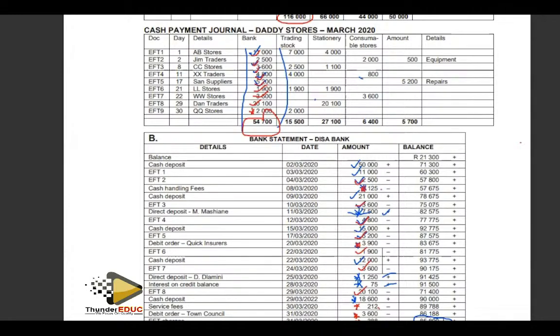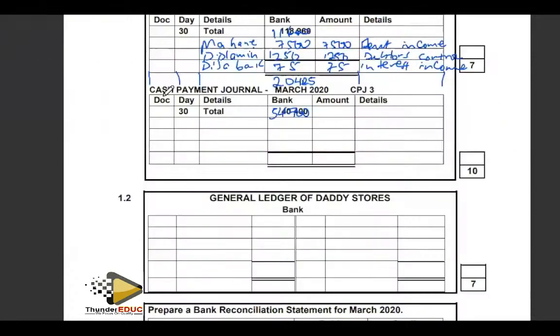So we are going to come here. Which bank is that? That is Disa Bank. Disa Bank removed the money from our account, okay? So we are going to say bank charges here. Let me call them bank. Sorry.